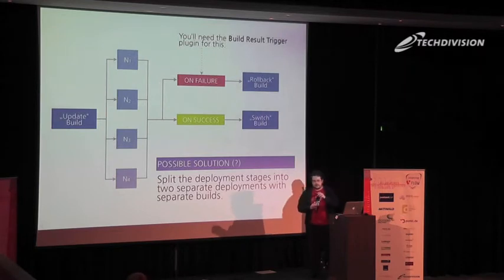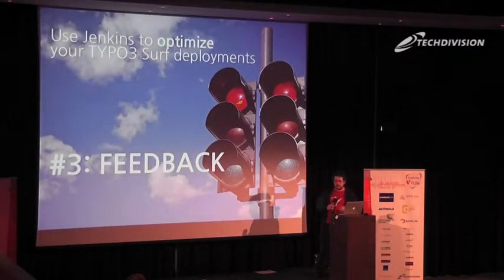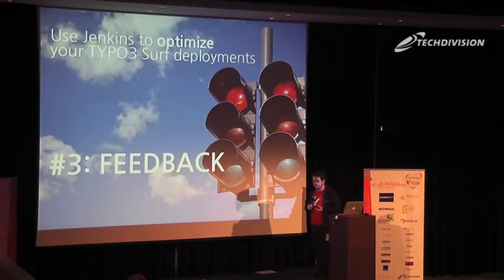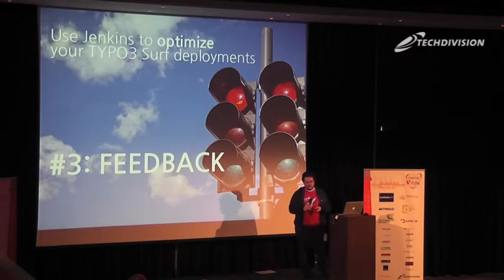Another way you can optimize your TYPO3 Surf deployments is to use Jenkins to get very good feedback on the results of your deployment. When you do continuous integration, you'll probably know this.